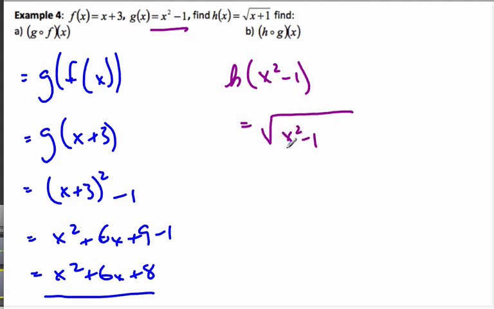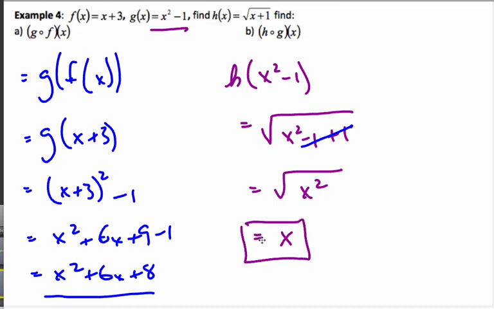That's my whole entire x plus 1, which is then the square root of x squared. Since I can clearly see those subtract away, square root of x squared is equal to x. And that is our h of x.